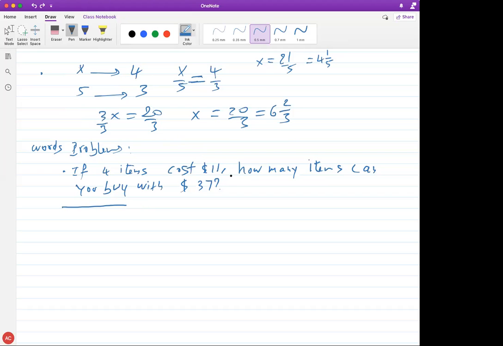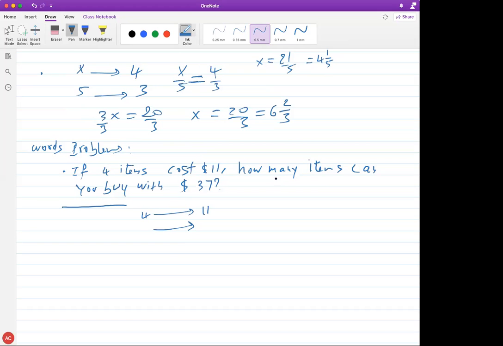What is the first one based on this sentence? 4 items cost 11. So that's the first ratio, 4 to 11. Okay, that's it from this word problem.